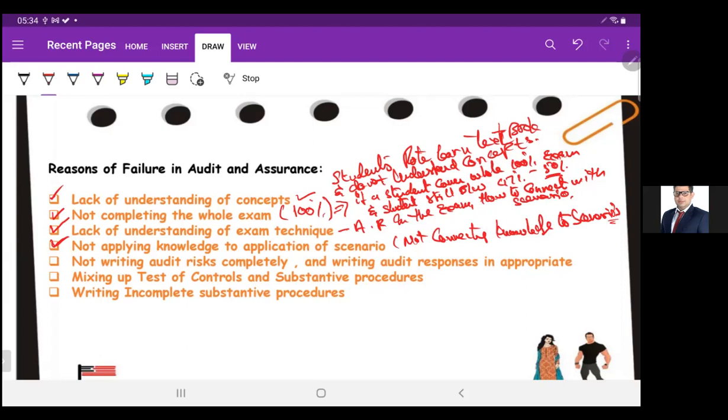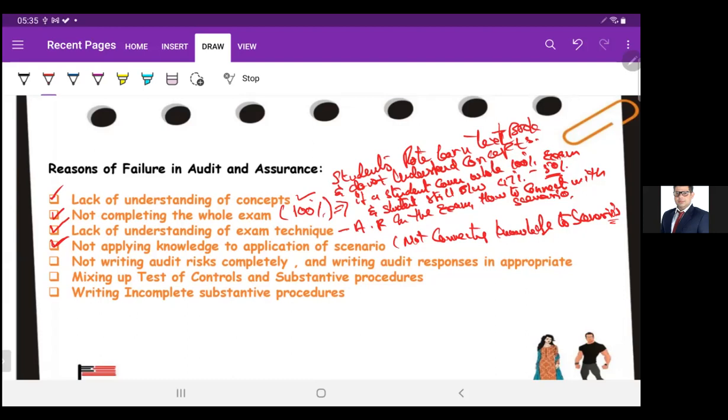For example, what is audit risk? What is inherent risk? What is control risk? What is detection risk? You're just giving the knowledge only, and you are not connecting it well with the scenario. You're not relating your knowledge with the scenario. That is one of the biggest reasons that you fail.